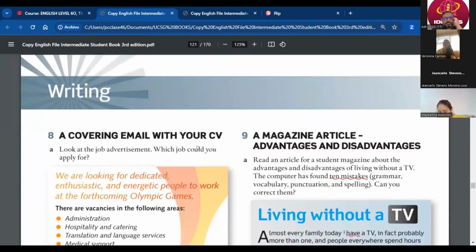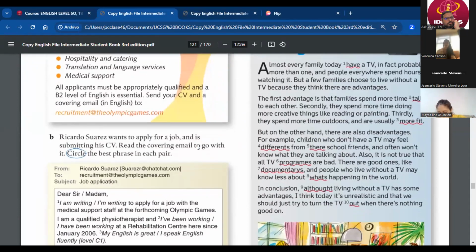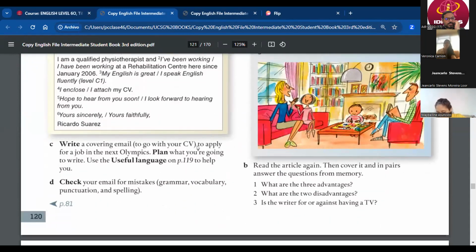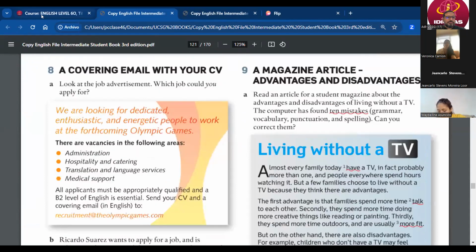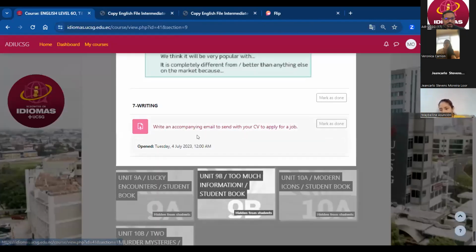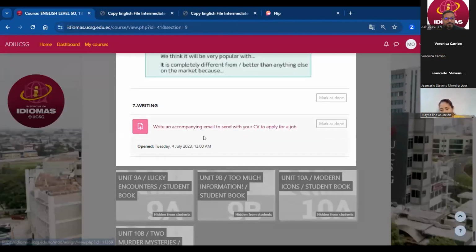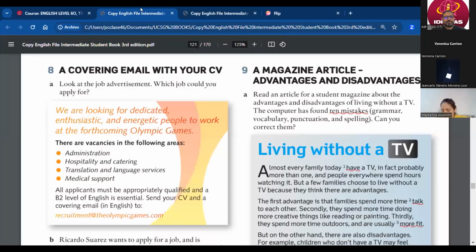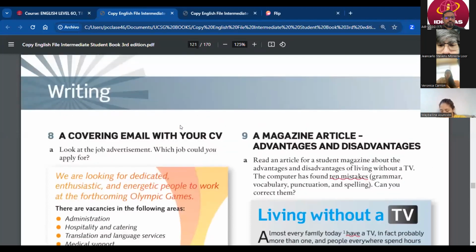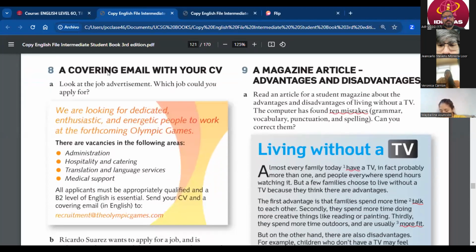The activity is telling us that you're going to write an accompanying email to send with your CV to apply for a job. What is that? On some occasions, when you're applying for a job, what they mention is a covering email.